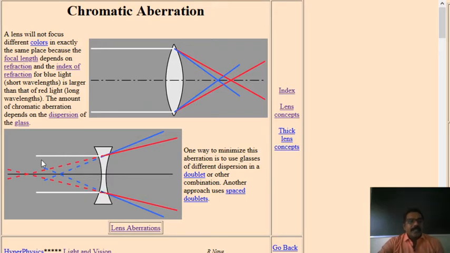The light is incident on the concave lens and diverges into violet and red, but the virtual image is placed in front of the concave lens. So here also the image is spread from violet color to red color, left to right.